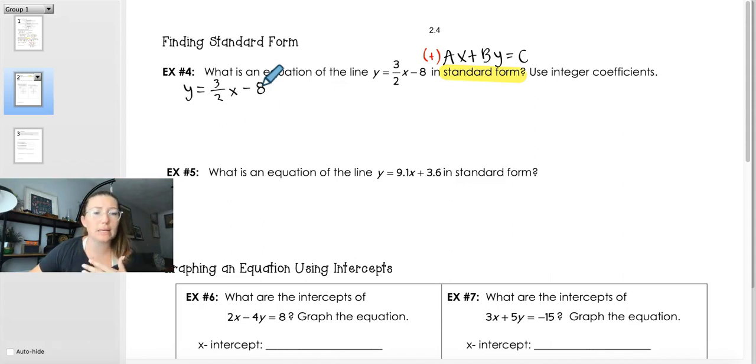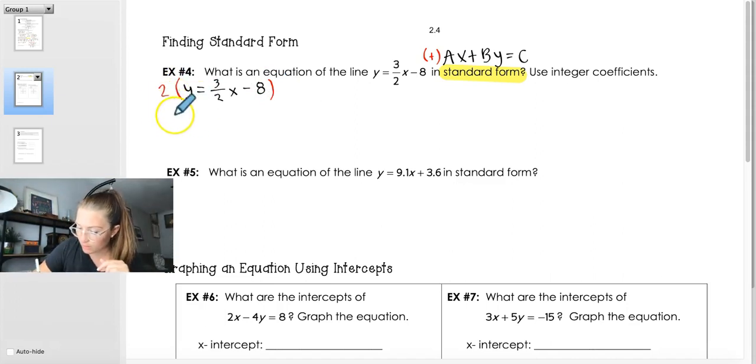In order to clear the fraction, we need to find the least common denominator. This denominator is 1, this denominator is 2, and this denominator is technically 1. So my least common denominator would be 2. So to get rid of that fraction, you're just going to multiply the entire thing by 2.